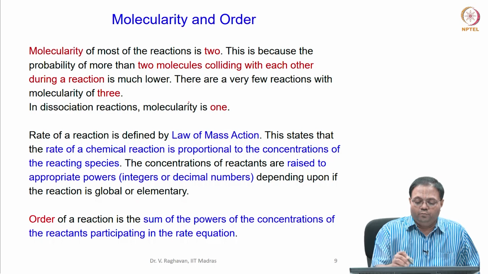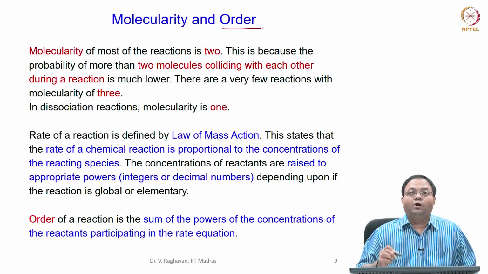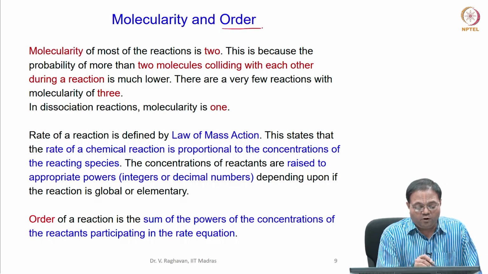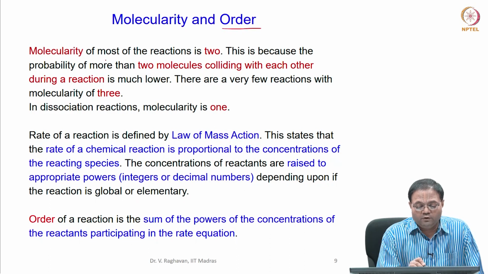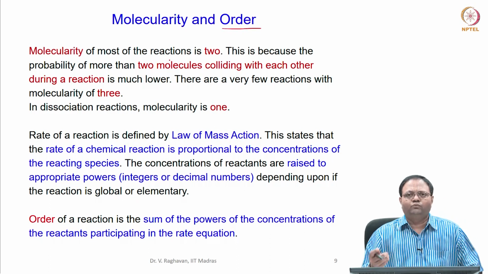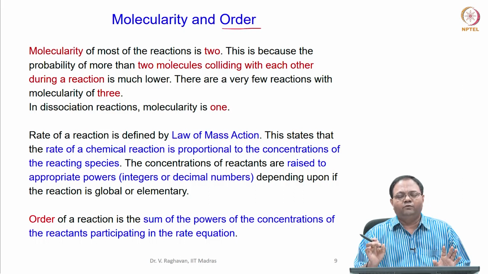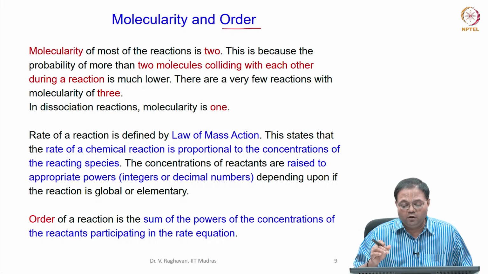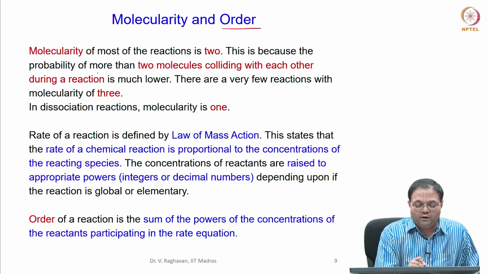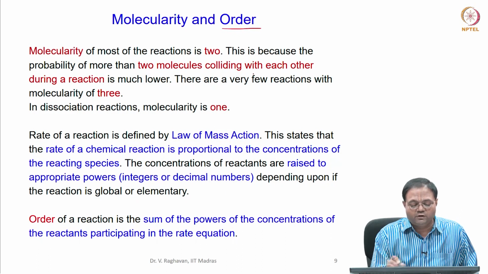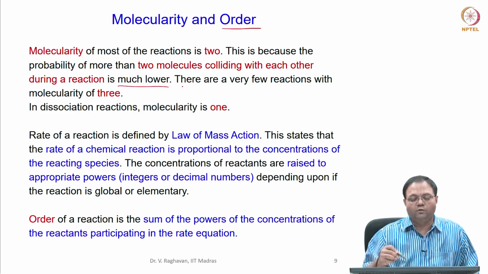Then what is the order? Order of a reaction, that is what we are going to see. Molecularity of most of the reactions is 2, because 2 molecules can collide and the reaction can be favorable. The probability of more than 2 molecules colliding with each other during a reaction is much lower.